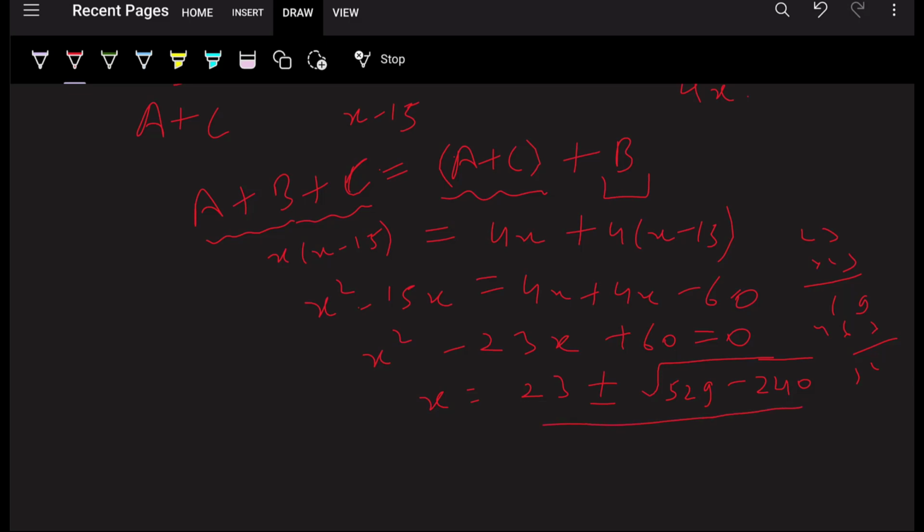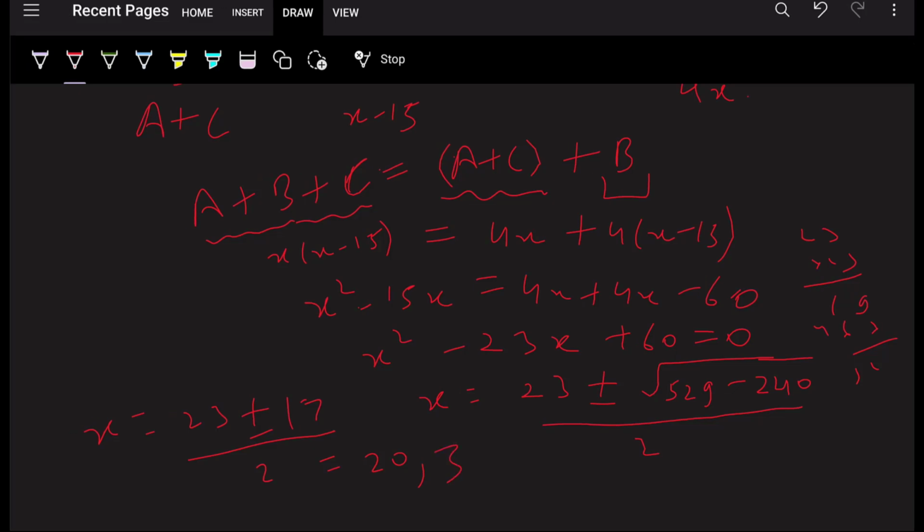So x is equal to what? From here I got x equals 23 plus minus root of 289. Root of 289 will be 17. So this will be 23 plus minus 17 divided by 2, which is equal to 20 and 3.